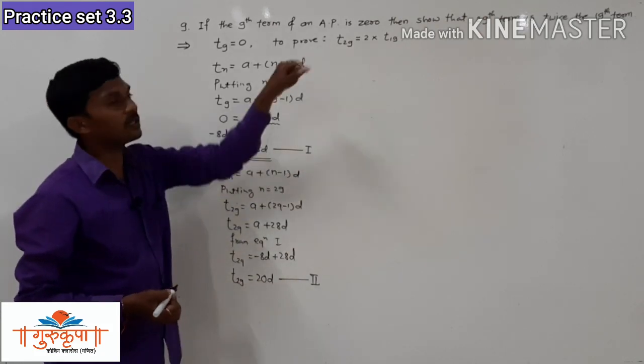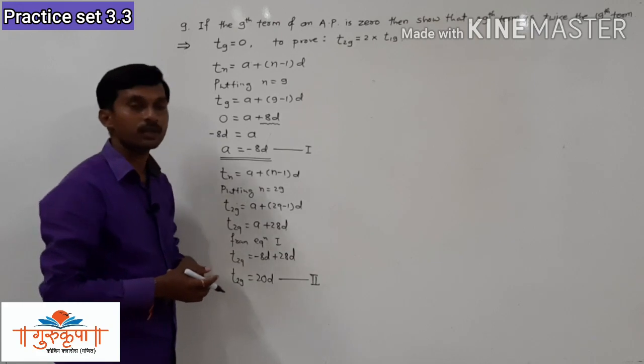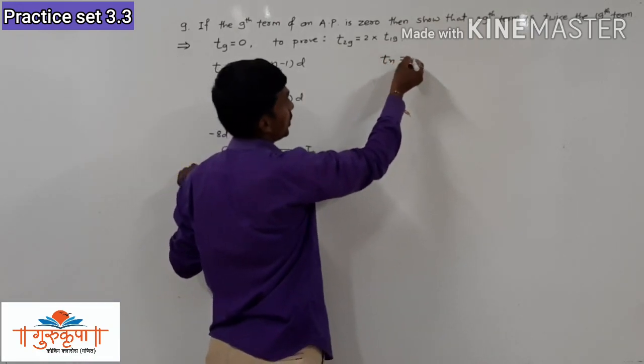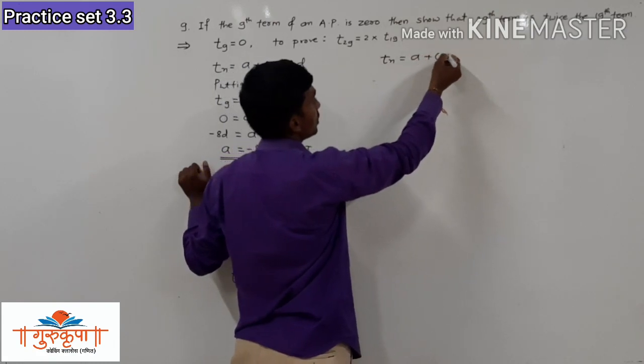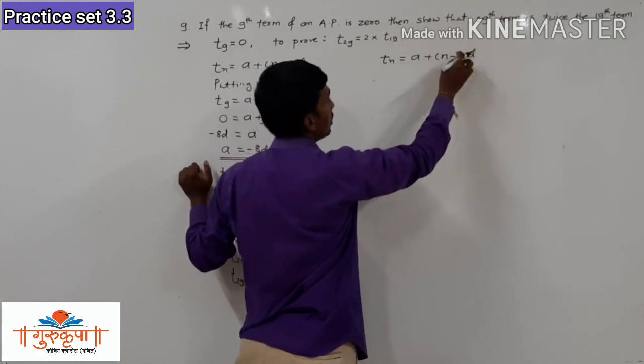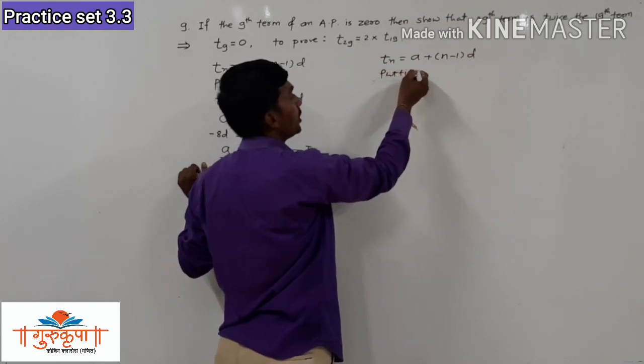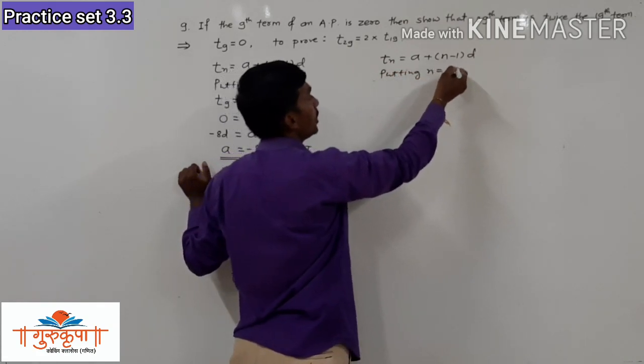Now we will find the 19th term of that AP. So again we will write the formula for the general term of an AP: Tn is equal to a plus (n minus 1) into d. Since we have to find the 19th term, we put n is equal to 19.